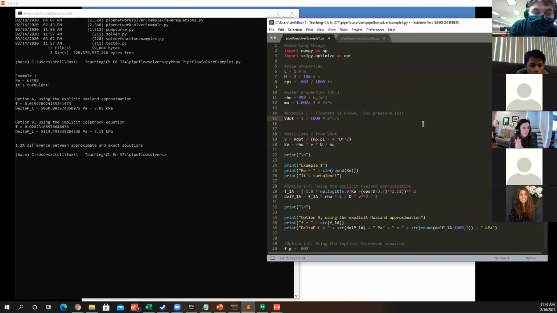I wrote this and did it both ways. I used the Holland approximation and the implicit Colebrook equation. With the Holland approximation, you wouldn't have to use code if you didn't want to. There's no iterative solving. You could do it all by hand with a calculator.